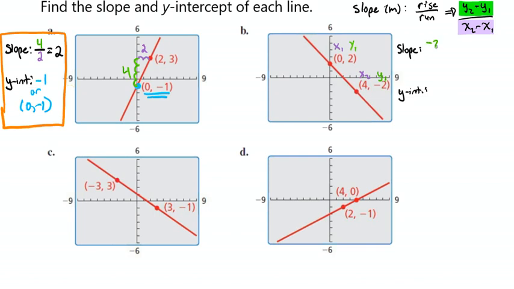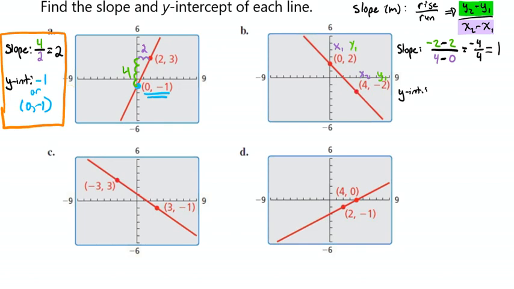I can say -2 minus my y1, which was 2, over my x2, which was 4, minus my x1, which was 0. I can calculate that and get -4 over 4, which gives me a slope of -1.